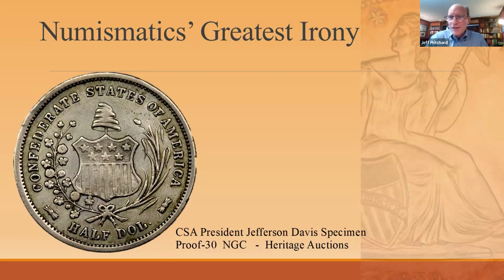Now, if you're looking closely at this picture, this coin does not have a nick on the rim at 3 o'clock. That's my poor use of the software. But this is the actual $50. And sometime during Davis's captivity, this was stolen or seized, and it disappeared from public view for quite a while.